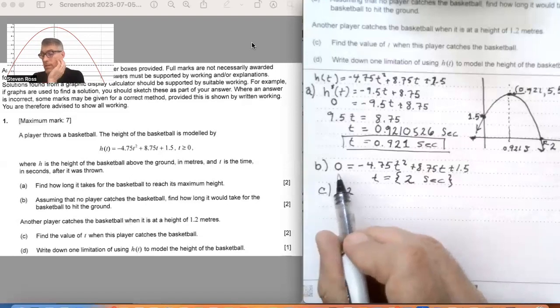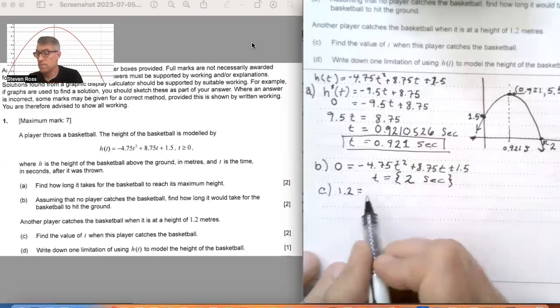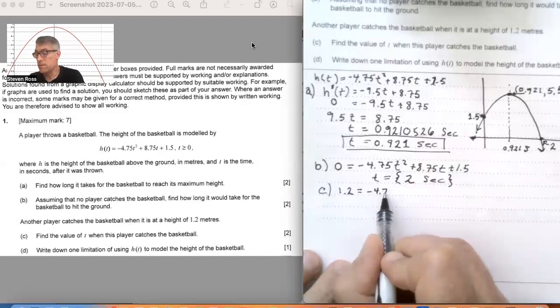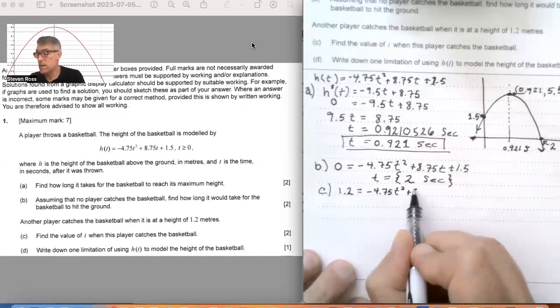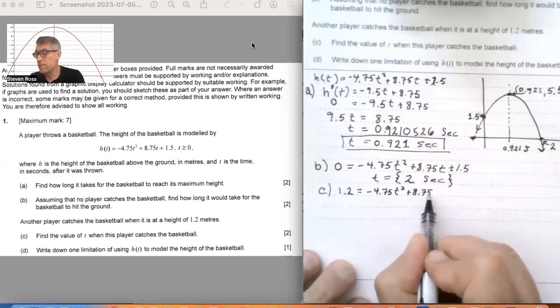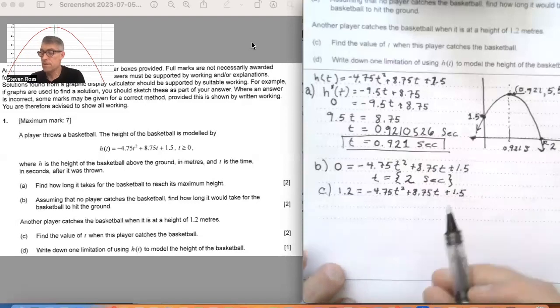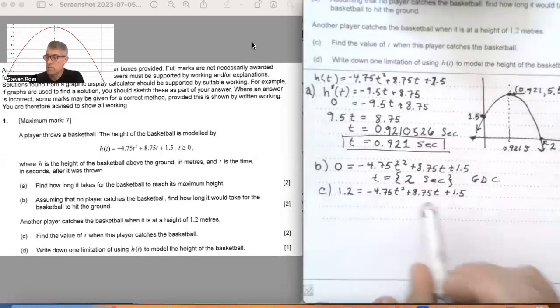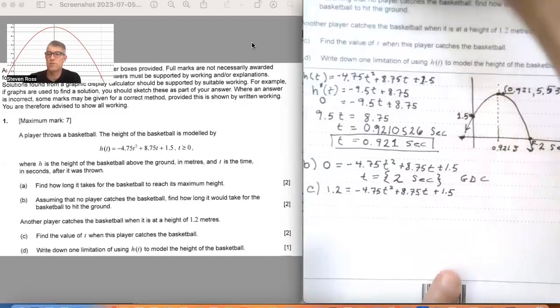So I'm not interested necessarily in 0 where it hits the ground, but 1.2 meters. So 1.2 is equal to negative 4.75 t squared plus 8.75 t plus 1.5.